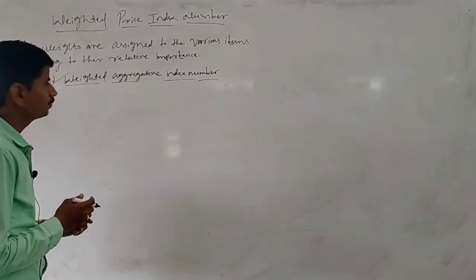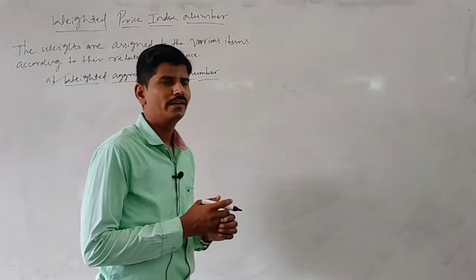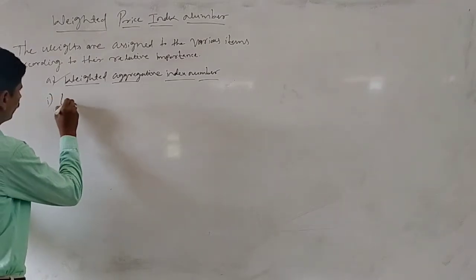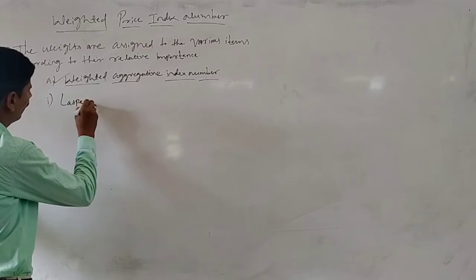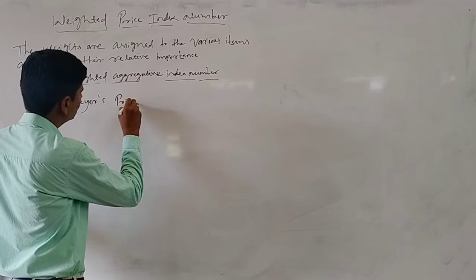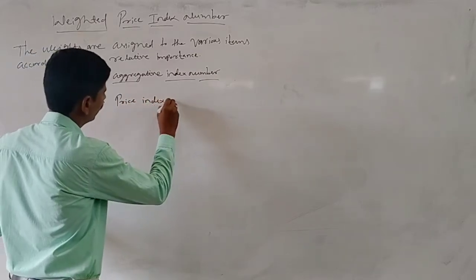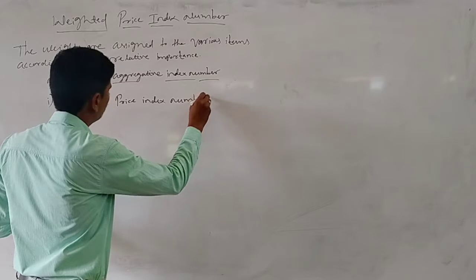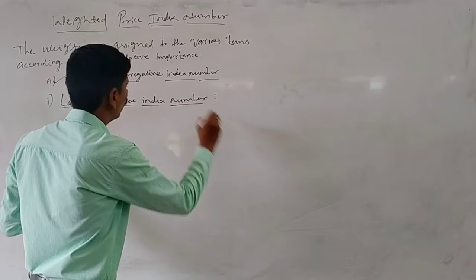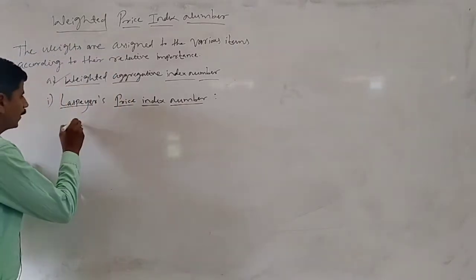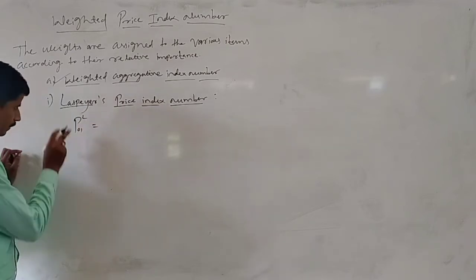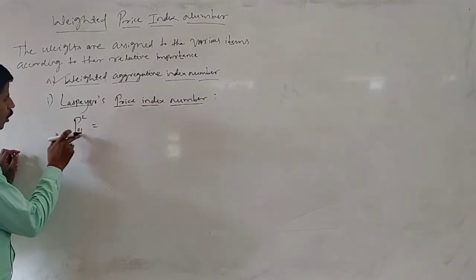Here there are totally 6 weighted aggregative index numbers. The first one is the Laspeyres price index number. It is denoted by P01L, where L means Laspeyres and P01 means price index number.